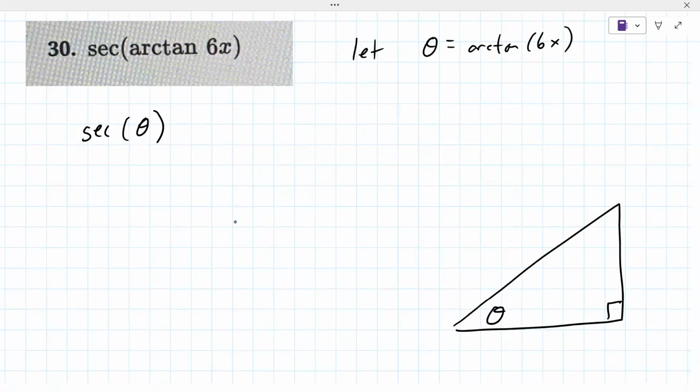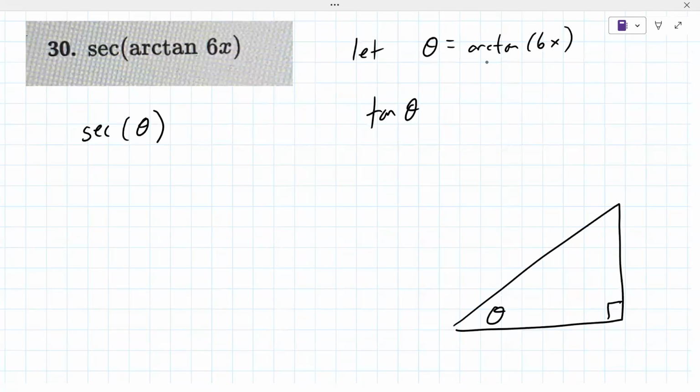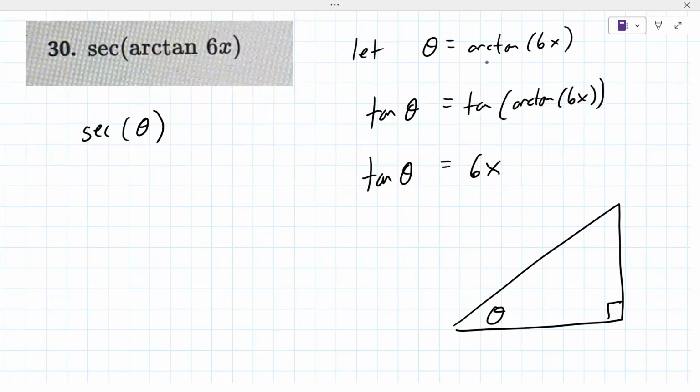There's theta, but we know that theta equals the arctangent of 6x. So we have to undo arctangent by taking the tangent of both sides. So this becomes tangent theta equals 6x. Tangent is opposite over adjacent, so 6x over 1.